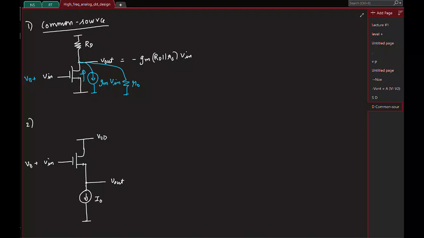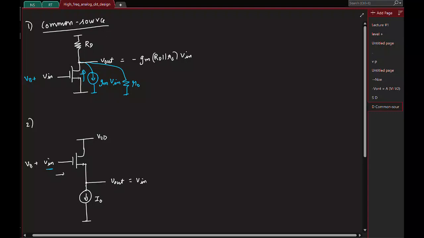So can you tell me what will happen to the output voltage if there is an increment in V in? V out is what? It is V in. Why?